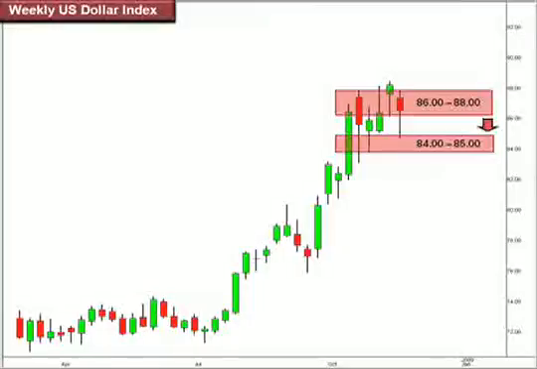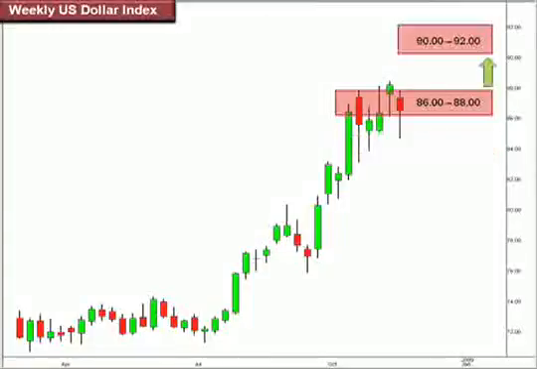Now, as long as the index maintains its position above this 84 to 85, and more importantly, remains in this 86 to 88 focal zone, then the window continues to be open for a play into that 90 to 92 box, which represents the next level of resistance for any sort of continued strengthening in our U.S. dollar.